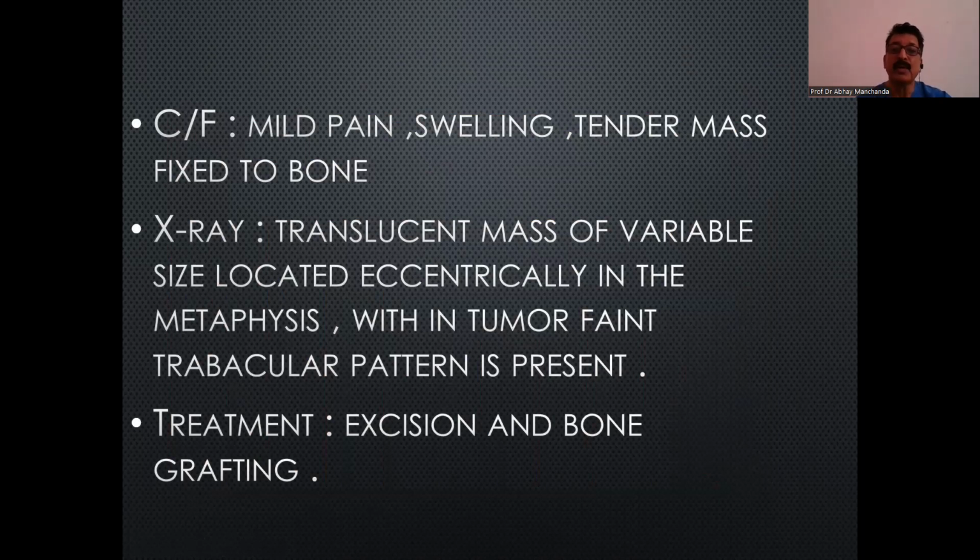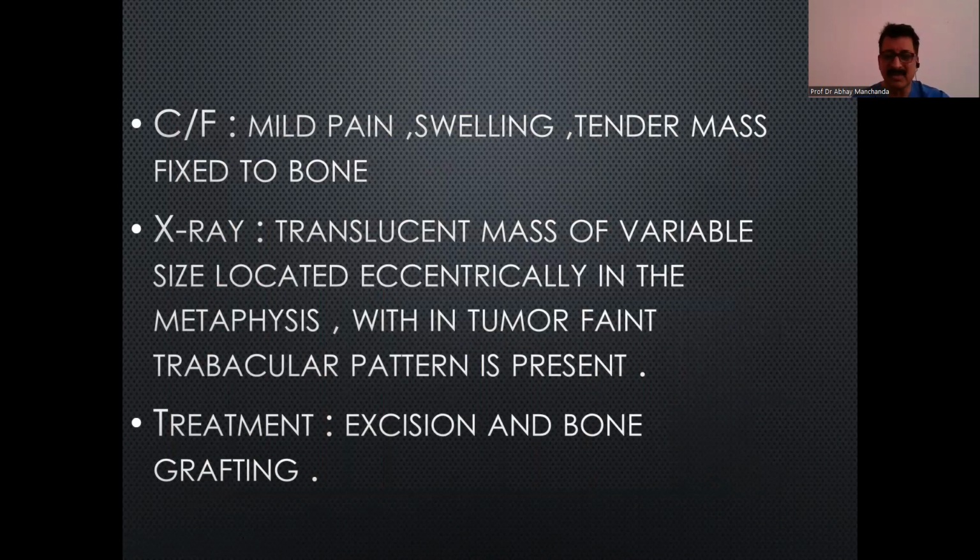Within the tumor, a faint trabecular pattern is usually present. So, a translucent mass of variable size, eccentric and usually in the metaphysis, with trabecular pattern is classical of CMF.